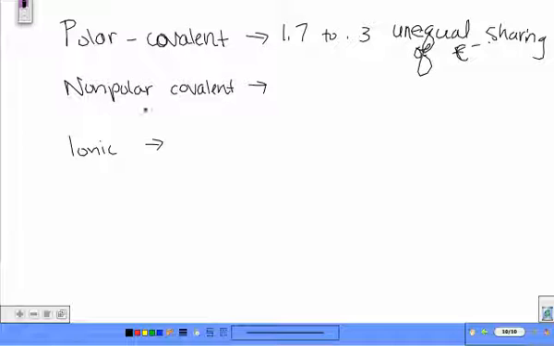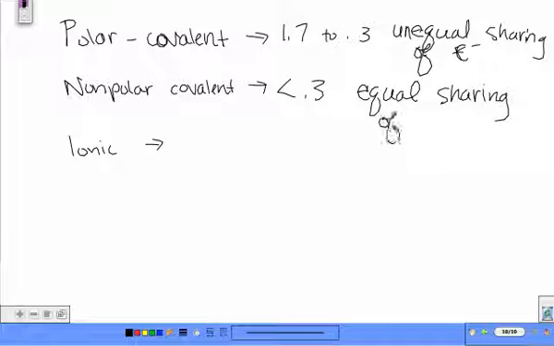Nonpolar covalent, if you had a value that's less than 0.3, what does that mean? So there's an equal sharing of electrons. Is it greater than or equal to? Well, I guess greater than or equal to, because if it's 0.3 exactly, you would say it's nonpolar covalent. Same with polar covalent.